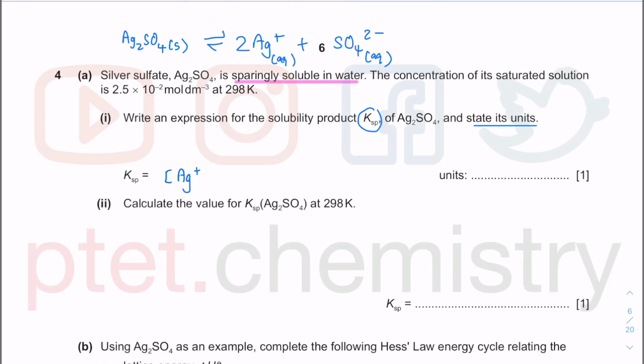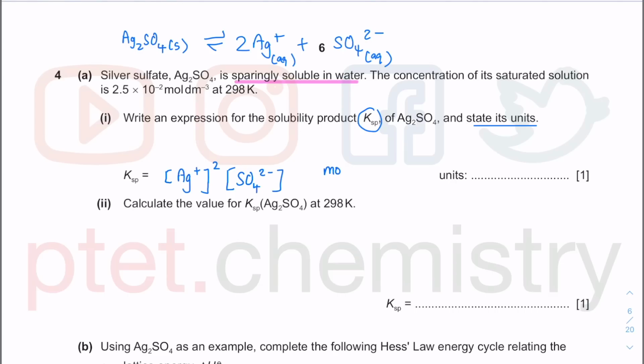So you're just going to write in the concentration of the aqueous ions on the right hand side. So for 2 Ag+, you raise the power in the stoichiometric equation for the concentration in the Ksp equation, just like you would do for a Kc expression as well as a Kp expression back in AS chemistry. Here we have a concentration squared and we have another concentration.